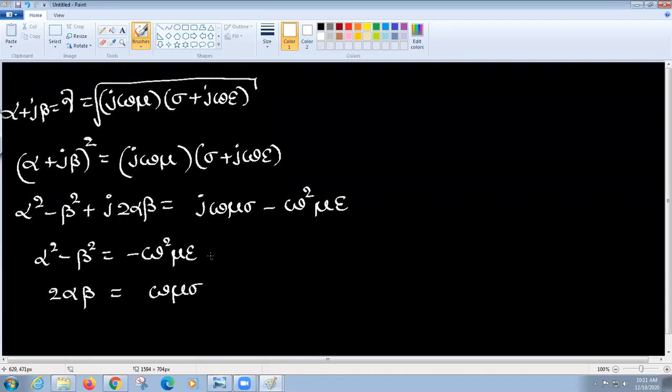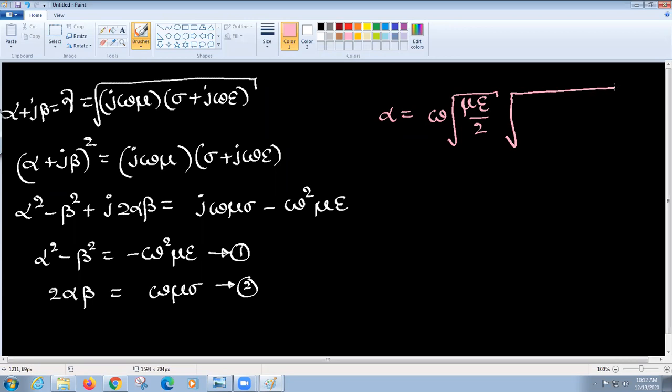You solve these two equations, and now you will get alpha is equal to omega square root of mu epsilon by 2 multiplied by the square root of 1 plus loss tangent sigma by omega epsilon whole square, minus 1.